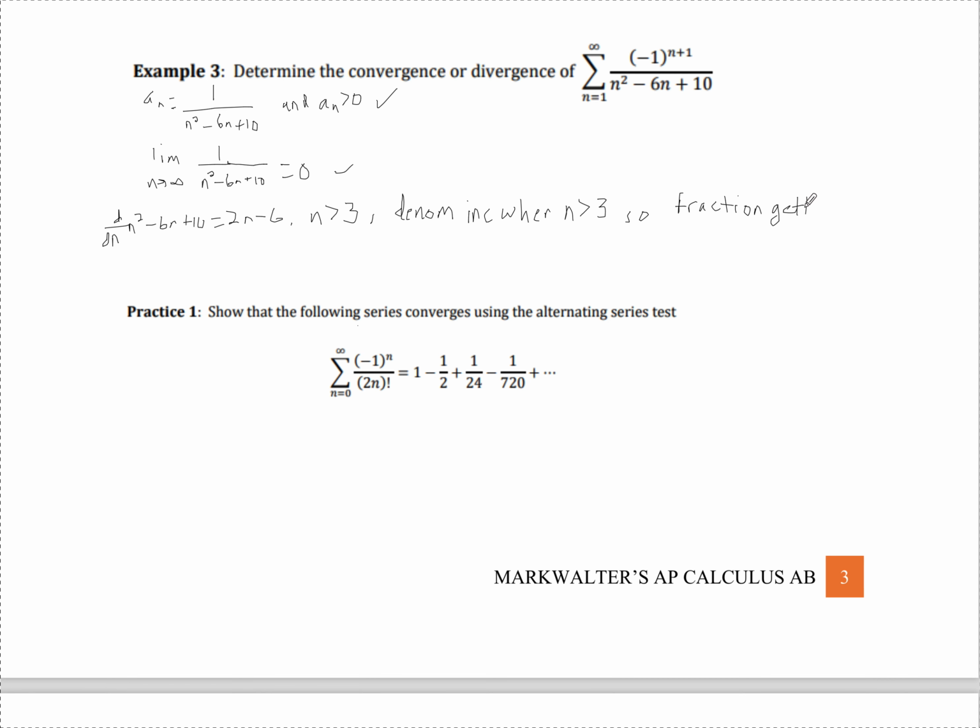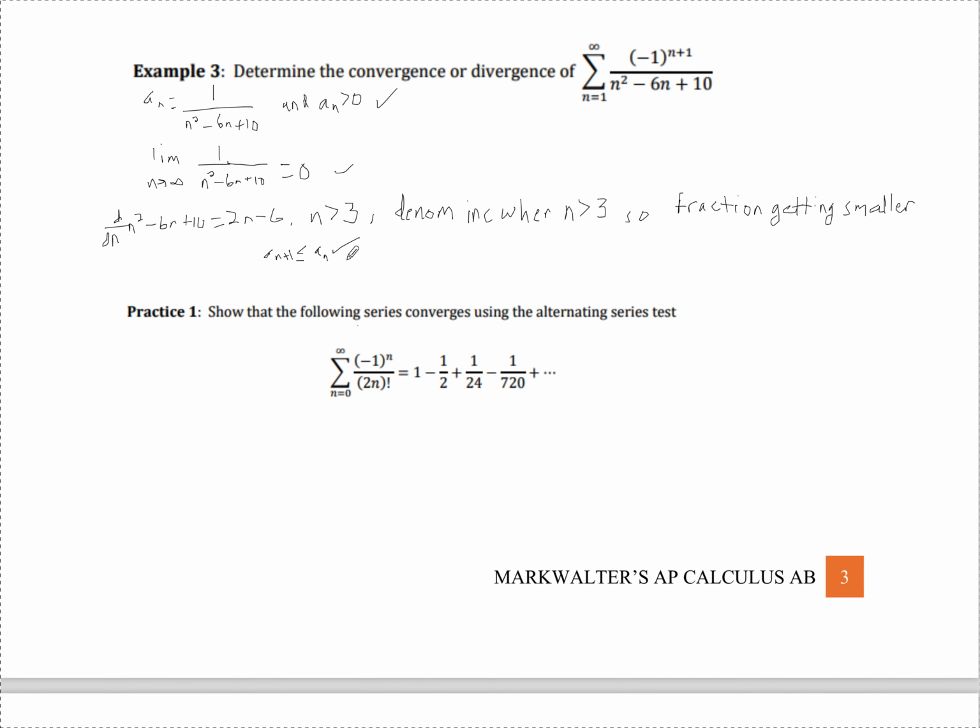We show that using the derivative. When n is greater than 3, the derivative is positive, so the denominator is increasing, so the fraction is getting smaller. What does that mean for us? It means that a sub n plus 1, as n gets bigger, eventually is going to be less than or equal to a sub n, because the fraction will eventually get smaller.